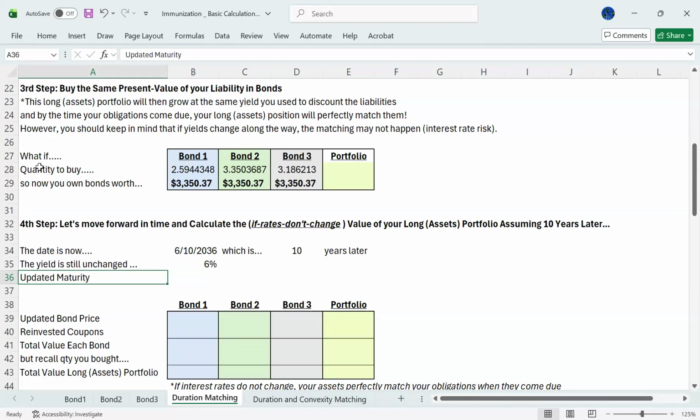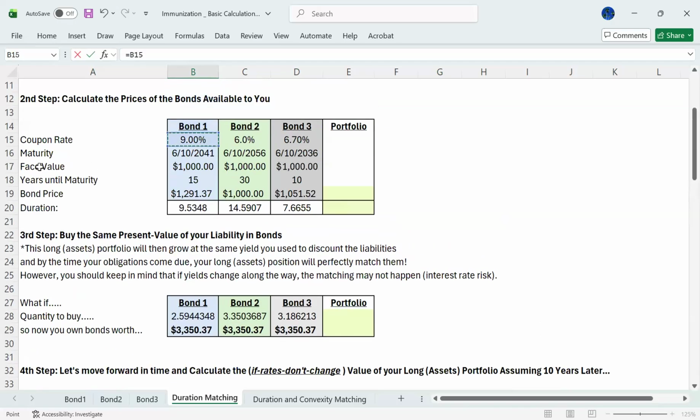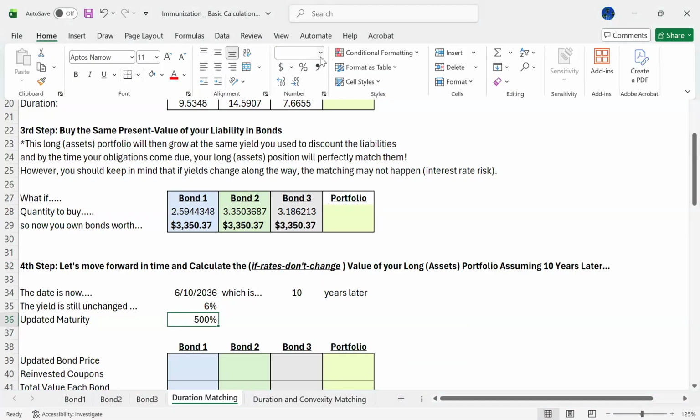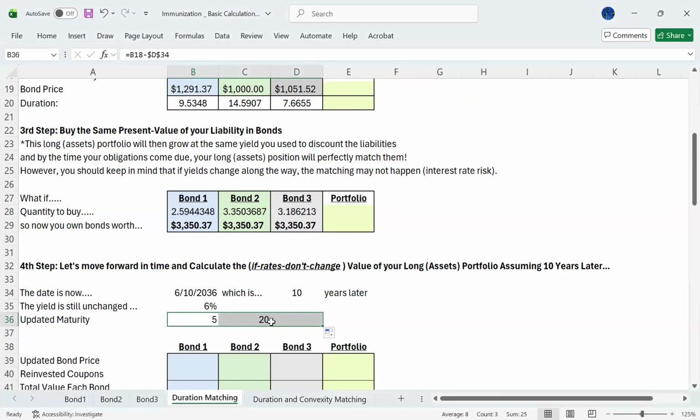The updated maturity for bond one is going to be 15 minus 10. I'm going to lock this 10, and let's convert this to a number, not a percentage. No decimals are needed. So this is the updated maturity.